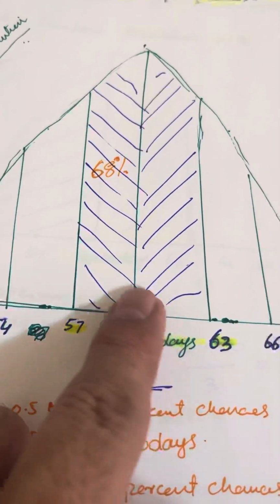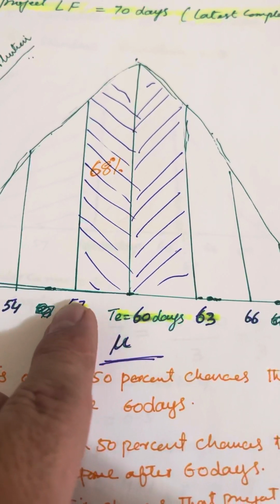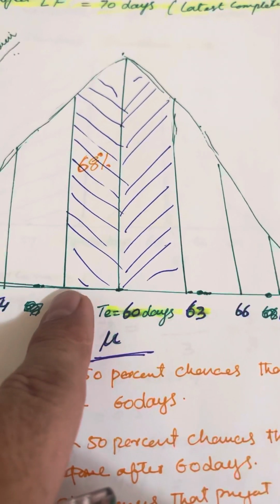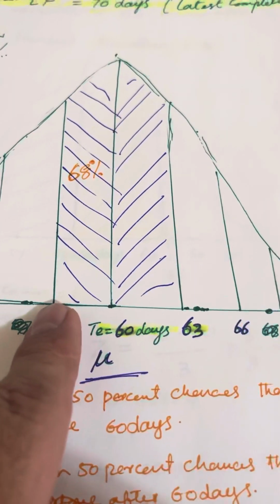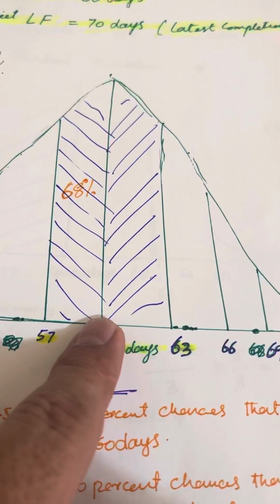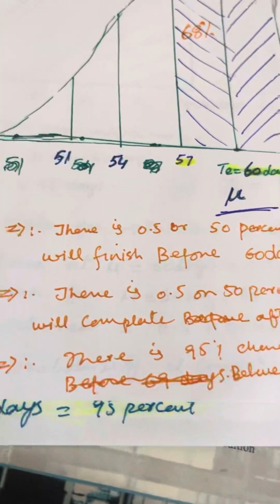And when you divide 68 by 2, you get 34, so there is a 34% chance that the project will be completed between 57 days and 60 days. Similarly, between 60 and 63. So it's a kind of probability.